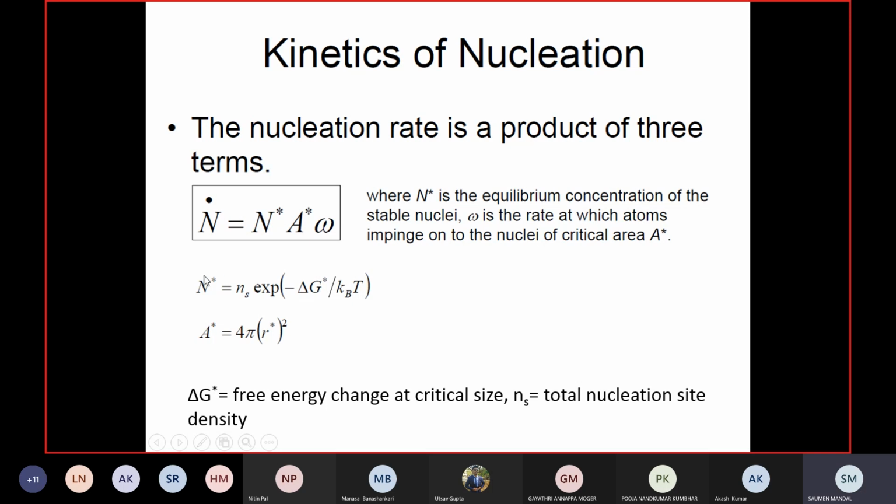How do we define N asterisk? N asterisk equals Ns times exponential of minus del G asterisk over kBT. Del G asterisk is the free energy change at critical size, which we saw in the previous slide, and Ns is the total nucleation site density. From there we can calculate N asterisk, and A asterisk we can get easily as 4 pi r squared, because r is the critical radius. With this I finished this part.